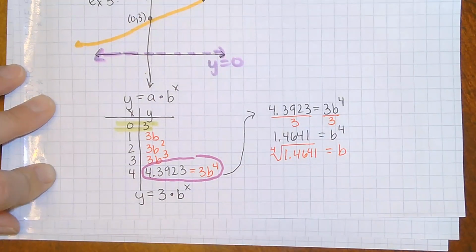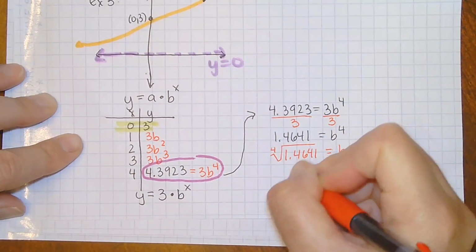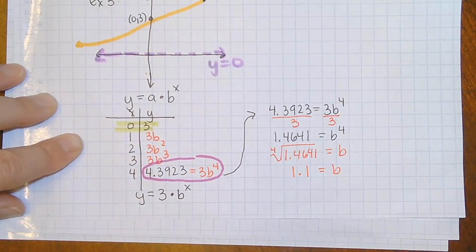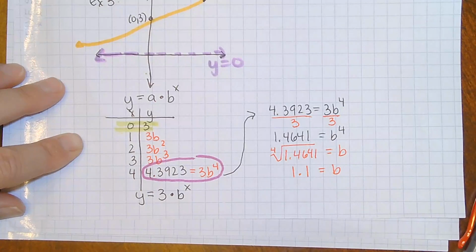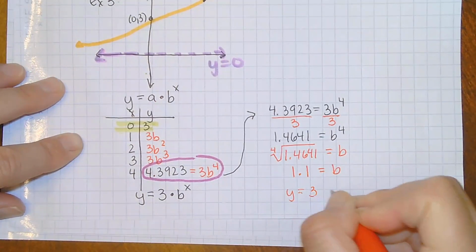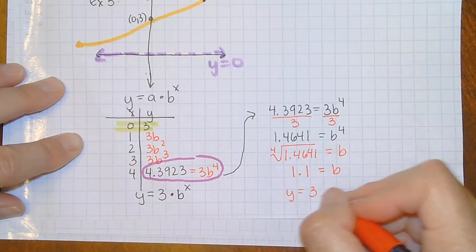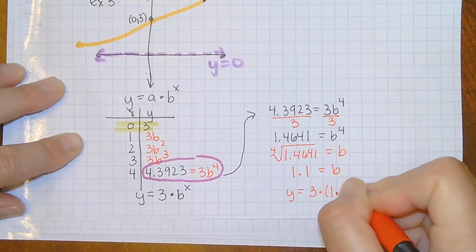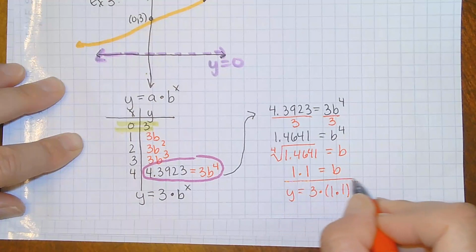I get 1.1. So b is equal to 1.1. That's what I was multiplying by. So now my equation is going to be y equals 3, because that was our start, it's our y-intercept, times 1.1 to the power x.